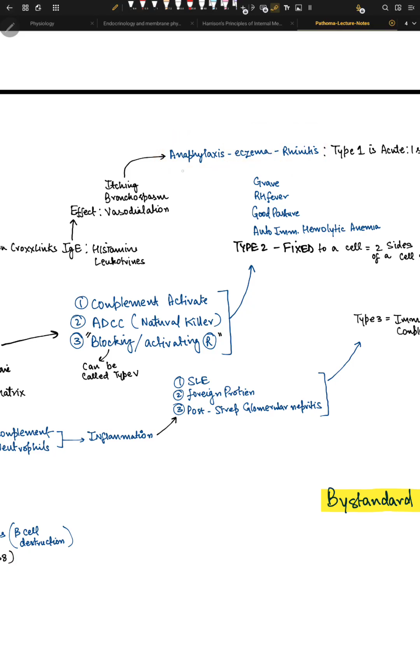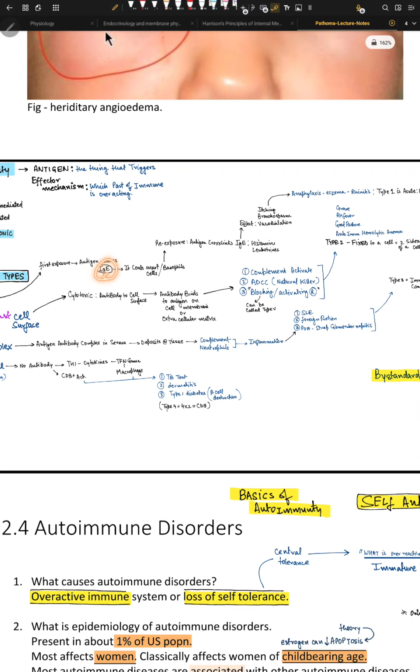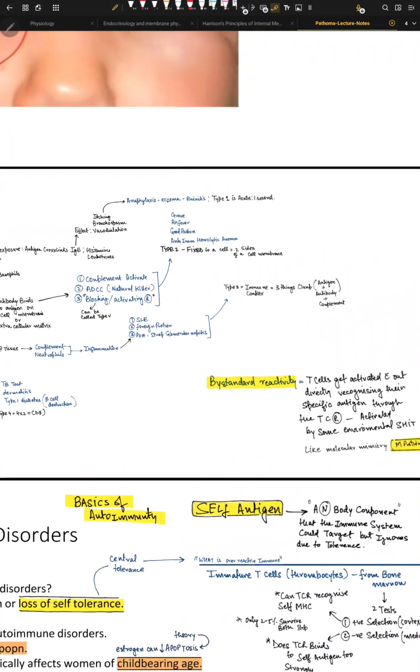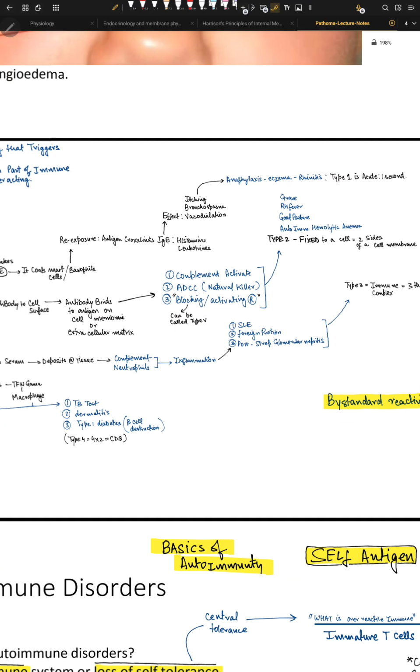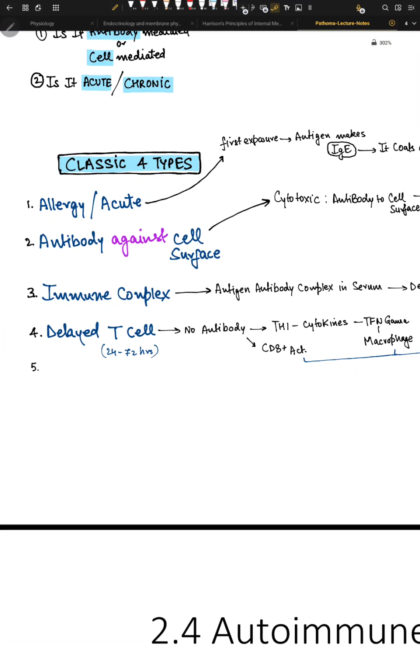These are examples of IgE mediated allergy. Type 1 is acute, like 1 second. This is fast type.